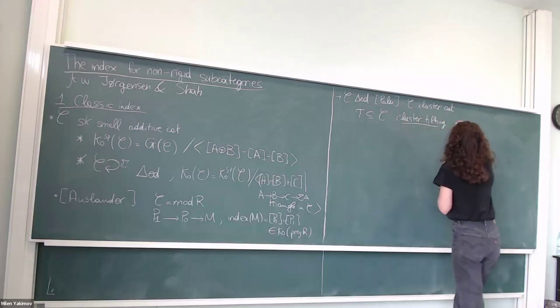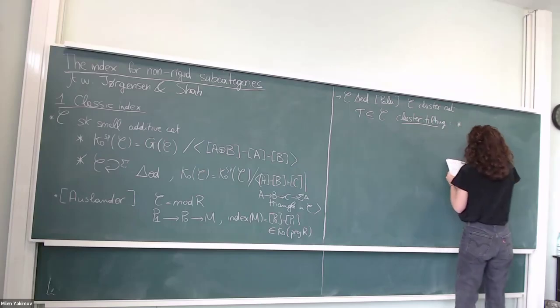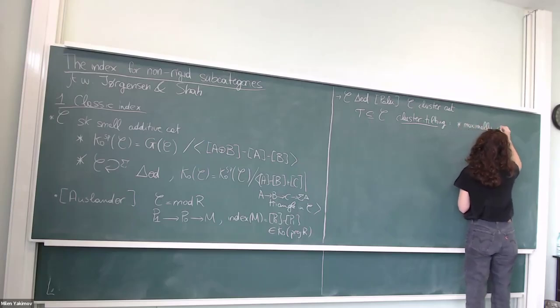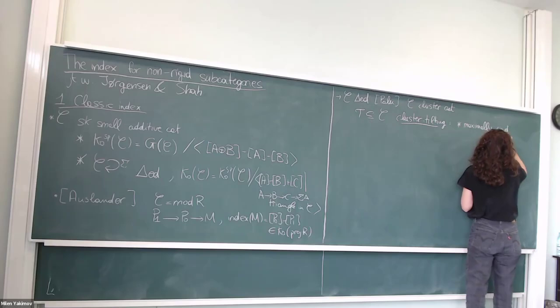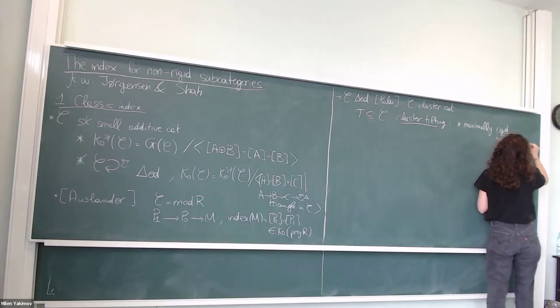And just to recall, as we've been told just before, it's maximally rigid. This T is maximally rigid, where rigid means that Ext^1 of anything in T, anything in T is 0.